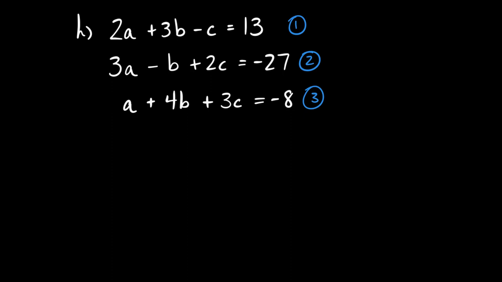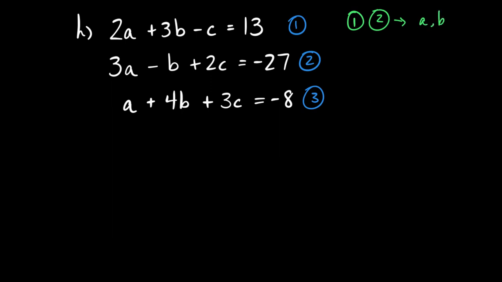But if I could take one of the equations that I have here, and I could use it to eliminate the same variable in the other 2 equations. So, for instance, let's just say that I used equation 1 to eliminate my C. Then if I paired that up with equation 2, by adding or subtracting them, that's going to leave me with an equation with an A and a B in it.